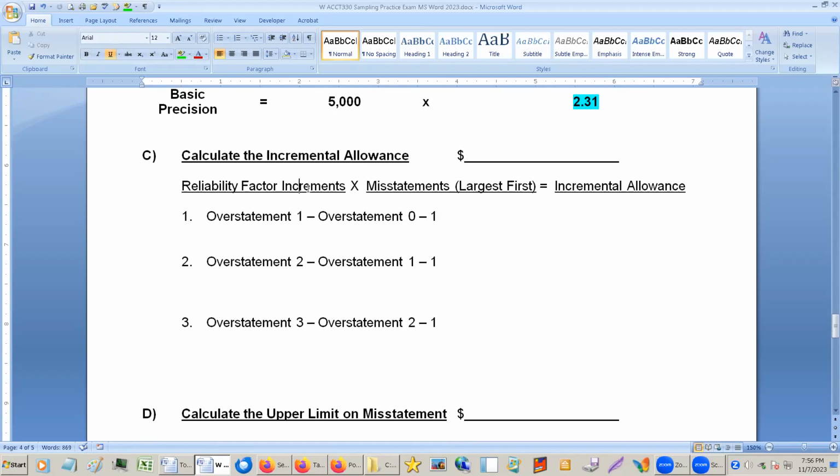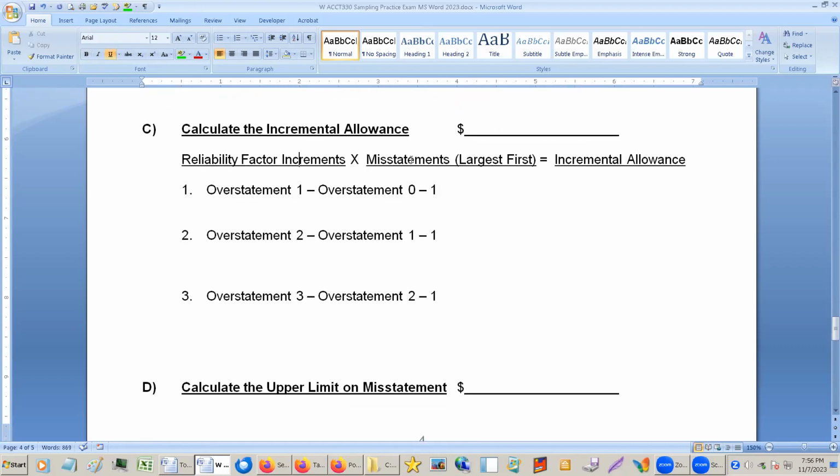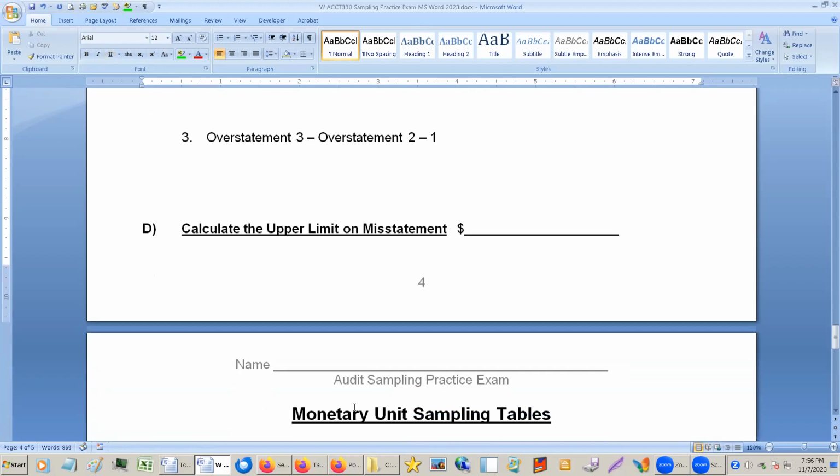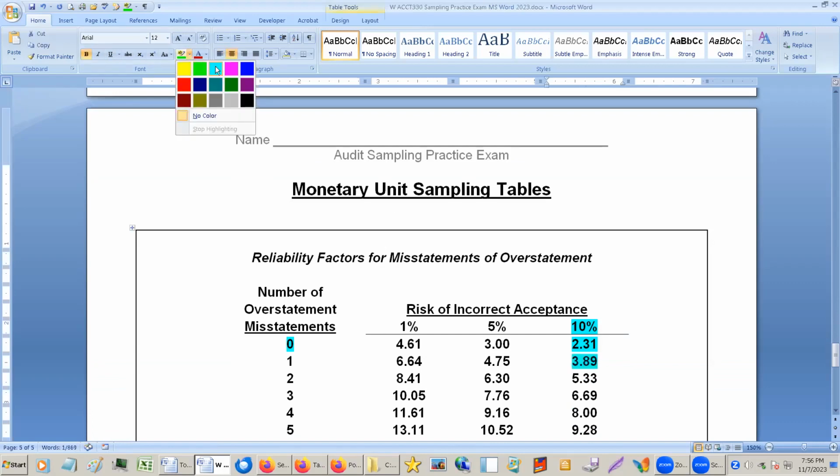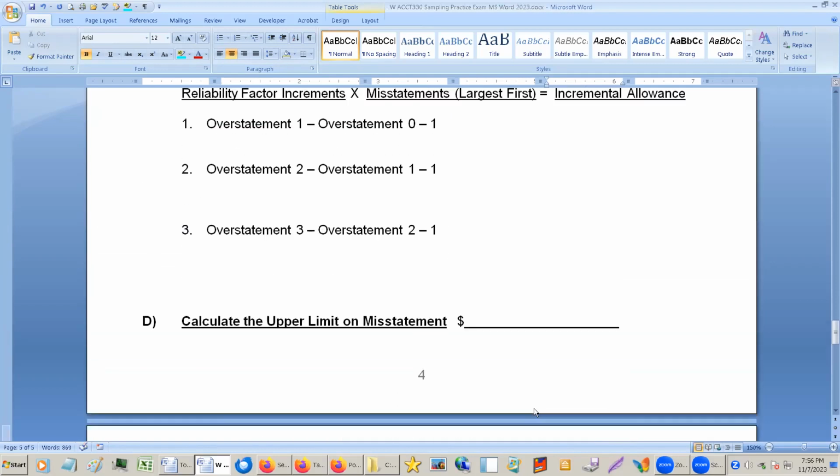Reliability factor increments times the misstatement, largest first. Okay, so we got to find this. So this is the incremental first. So we go down here. At one misstatement, it's 389. At zero, it's 231. So 389, 231.